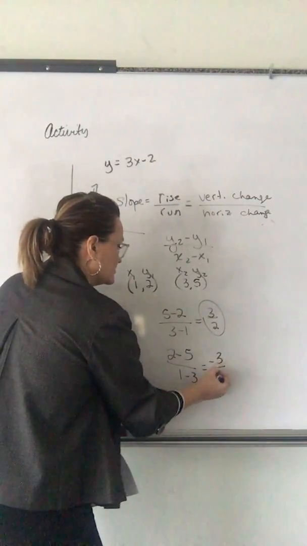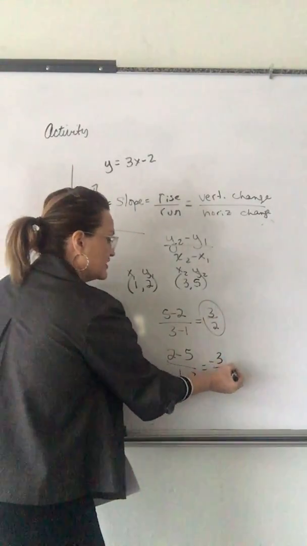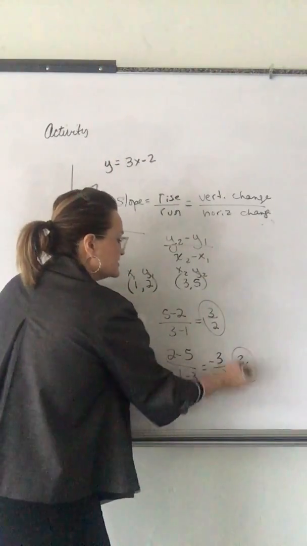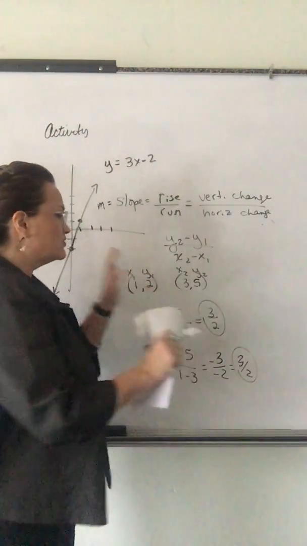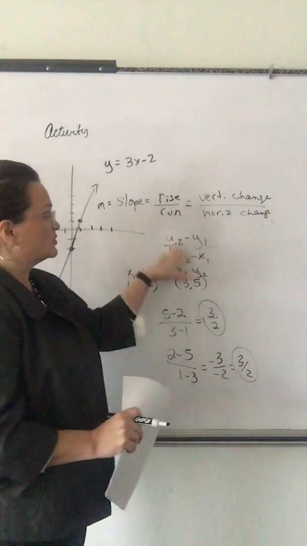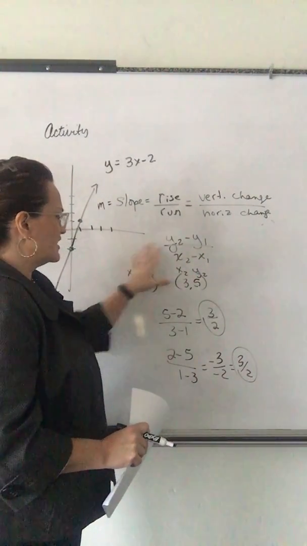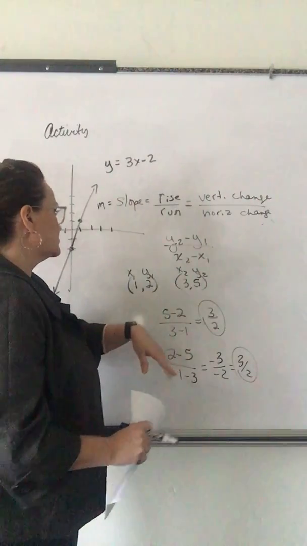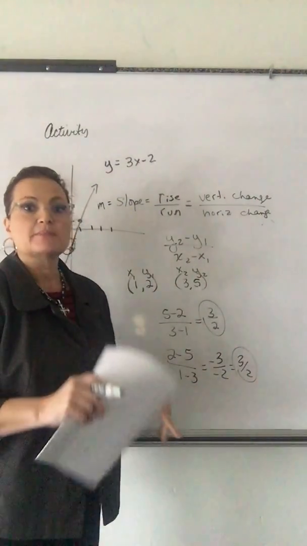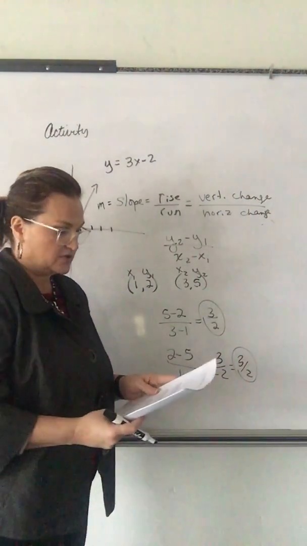It works out the same because you get a double negative there, so it reduces to the same answer, 3 over 2. So you can really go either direction, even though the formula sort of makes it seem like not. It is inferred, because who's to say which one's point 1, which one's point 2? You can go either direction, but just be consistent with your x's and y's.